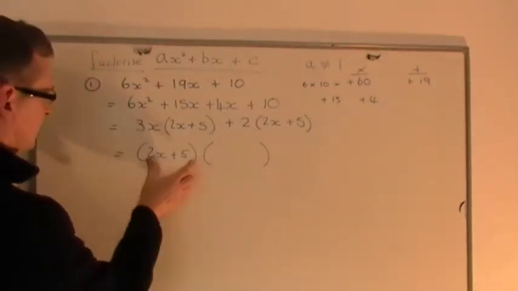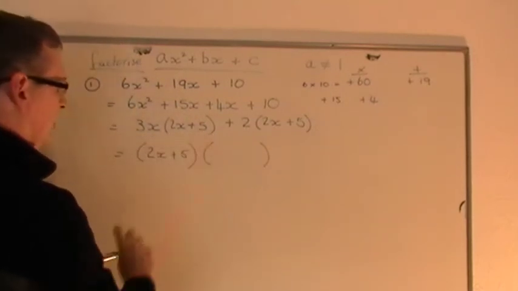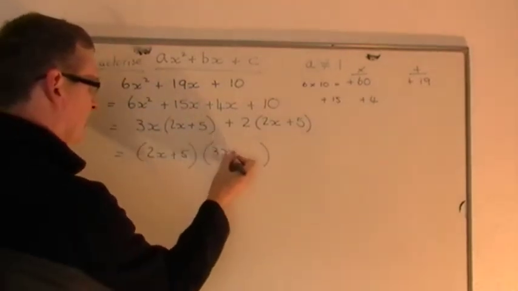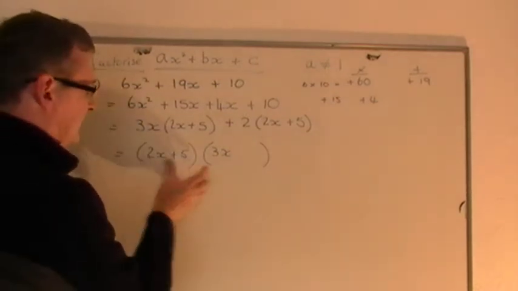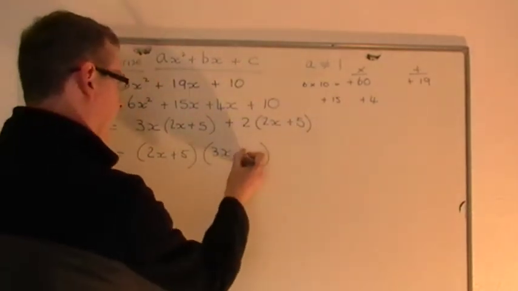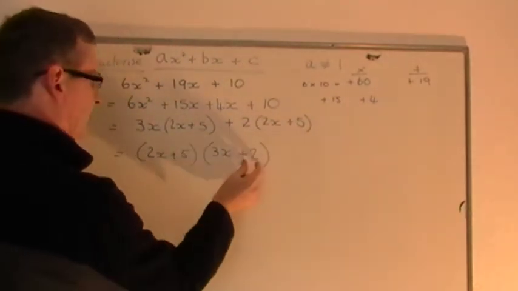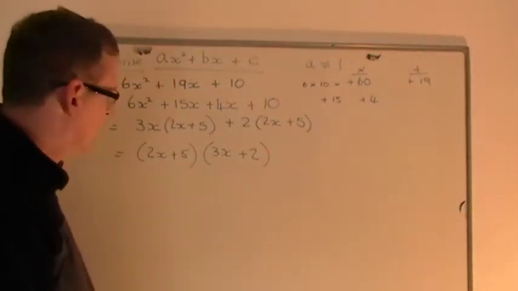So you're going to get 2x plus 5 times something gives you this complicated first term. Well, that something must be 3x. And then we have this bracket times something gives you all of that. Well, it must be plus 2. That times plus 2 gives you 2 lots of the bracket, like so.